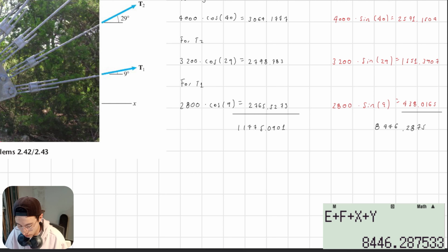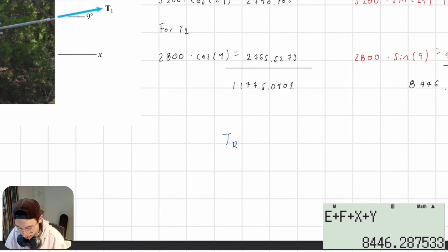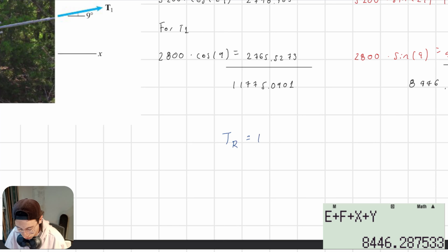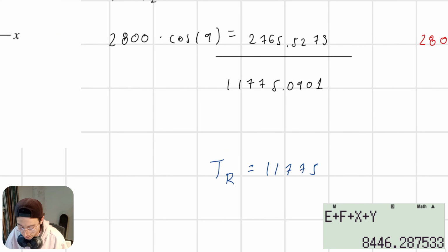At the end, I'm going to call it TR for the total result, which is equal to 11,775.0901 along the x-axis plus 8,446.2875 on the y-axis.